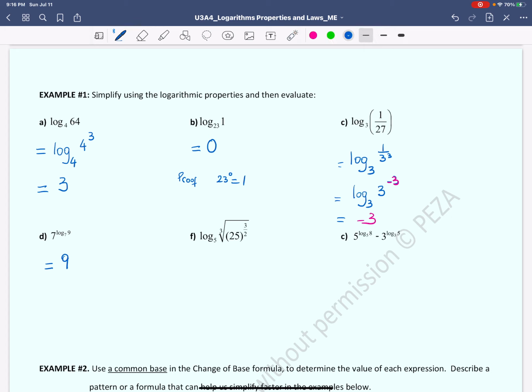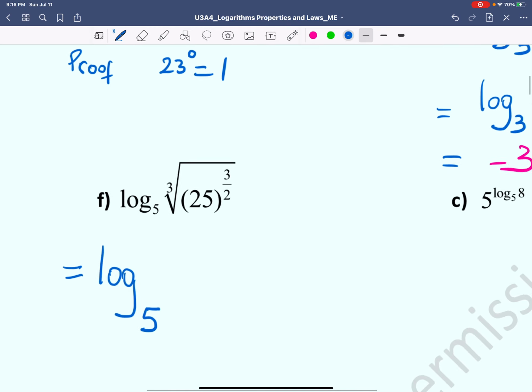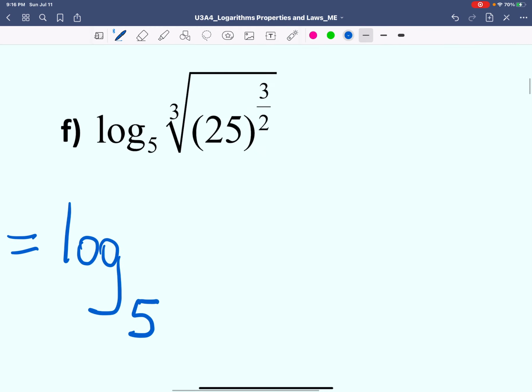And here goes a funny looking one. It's not too scary. You know that radicals are nothing but rational exponents. So we'll rewrite this log term, keep the base of 5. And let's go slowly, one at a time. Let me zoom in here. So we have the number 25. We know that 25 is an exponential with base 5, so I'll write 5 squared.